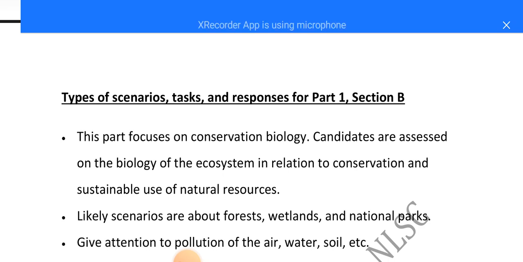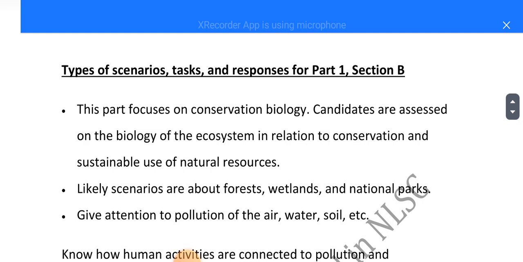Before you go to some of the likely tasks in this area, you have to know that this part 1 of section B mainly focuses on conservation biology. And the scenarios, okay, they are telling us the types of scenarios, tasks and responses for part 1 of section B. This part focuses on conservation biology, and candidates are assessed on the biology of the ecosystem in relation to conservation and sustainability or sustainable use of natural resources.